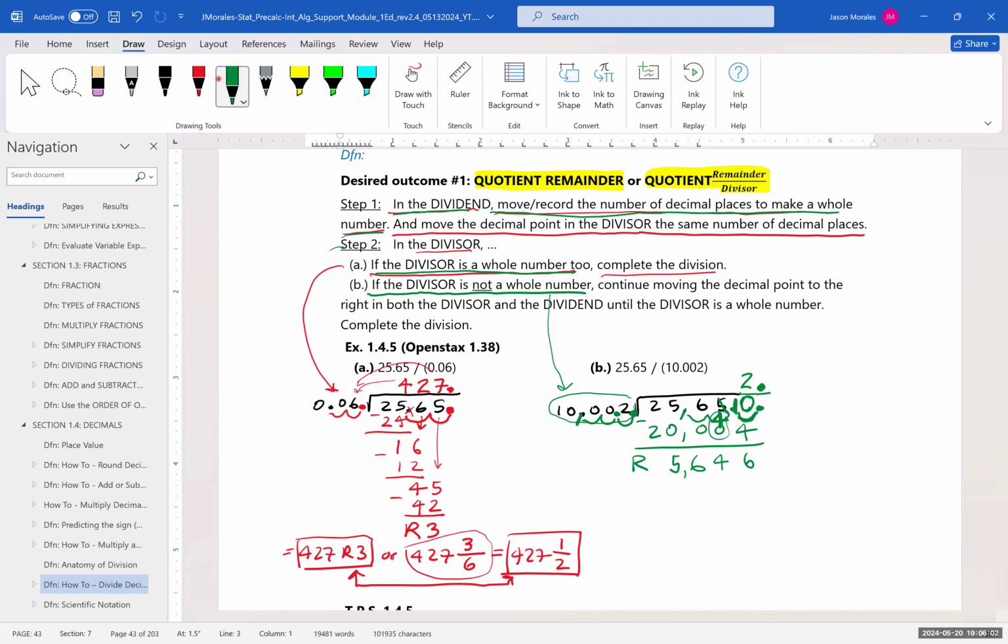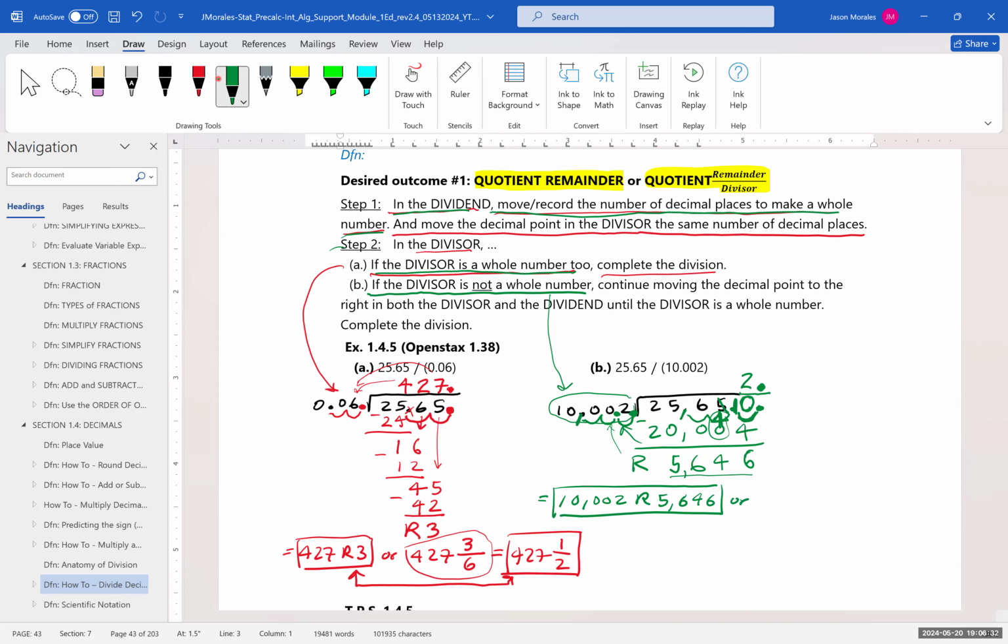And it looks funny because it's such a large number, but the remainder will always be between 0 and our divisor. So 5,646 is less than our divisor of 10,002. So this is our answer. We've got 2 with a remainder of 5,646. That's if we wanted to write it in that form.